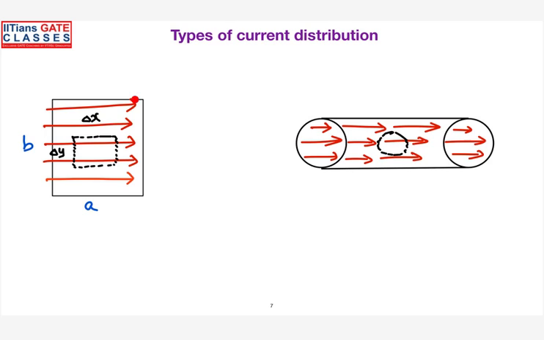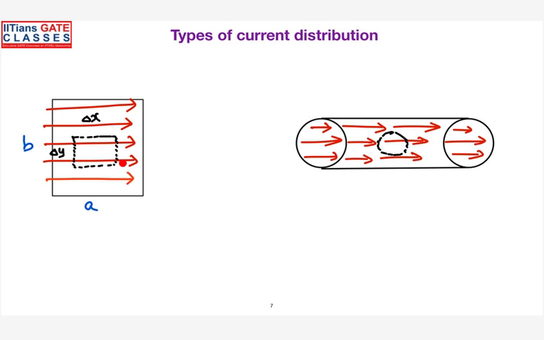The other kind of configuration is the surface current, as you can see in this diagram. Before discussing this, I will give an example. Assume that this is a metal sheet and I apply a voltage across it. Based on the voltage and the conductivity of the metal, there is a current flow, and this time the current flows along the surface.